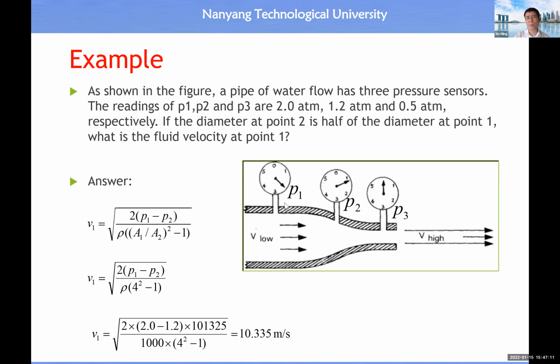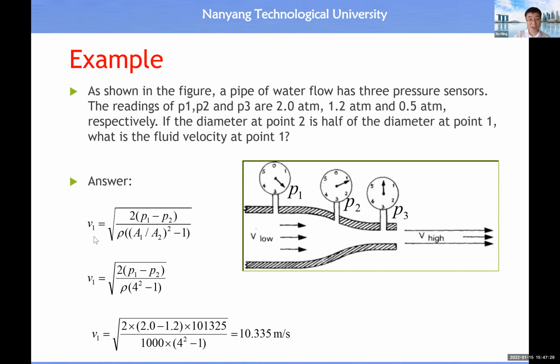That means the diameter at point 1 is 2 times the diameter at point 2, right? Now we want to know what is the fluid velocity at point 1, all right? So this should be good enough information for us to calculate the fluid velocity.